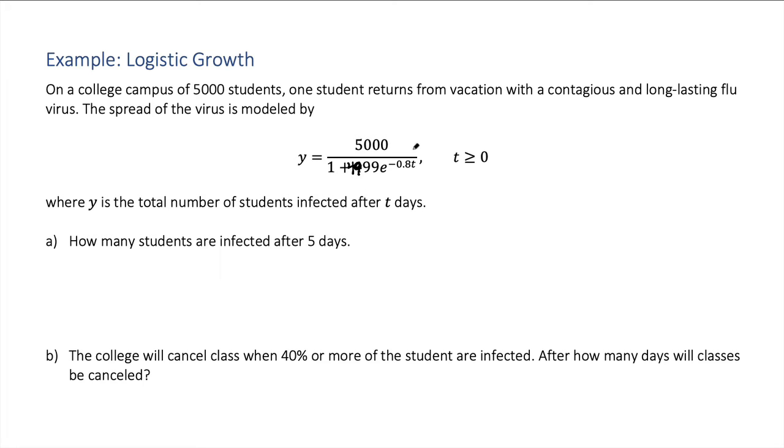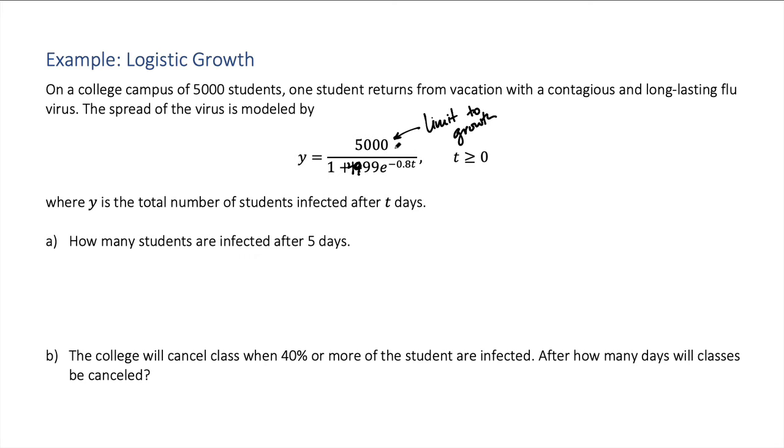So this is our logistic growth model. We can see here that 5,000 is the limit to growth. That's obviously the limit because, of course, on your college campus, you can't have more people than are on campus. So the number of students infected certainly cannot get past 5,000.